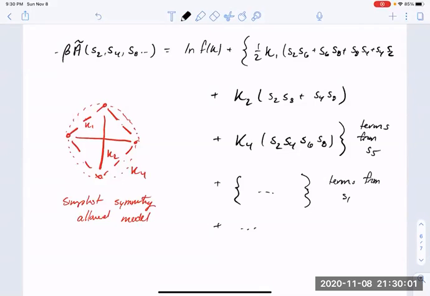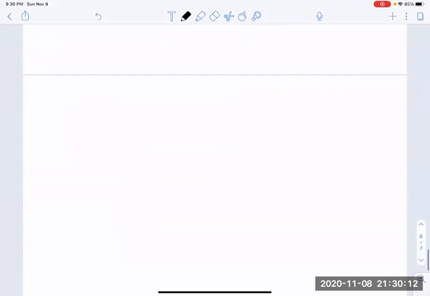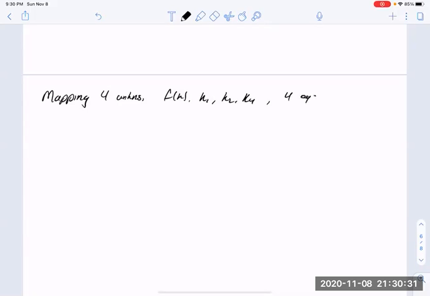We still have a whole bunch of unknowns we have to solve. We have an f of k, k1, k2, and k4 to solve for. So let's do the same game we had before. We have now 4 unknowns. We need 4 equations. So we have variables that's 2, 4, 6, and 8.